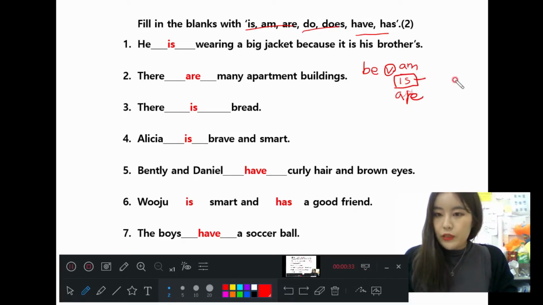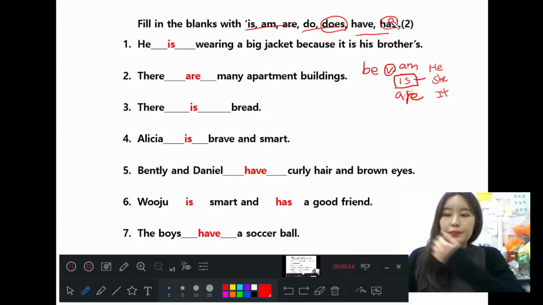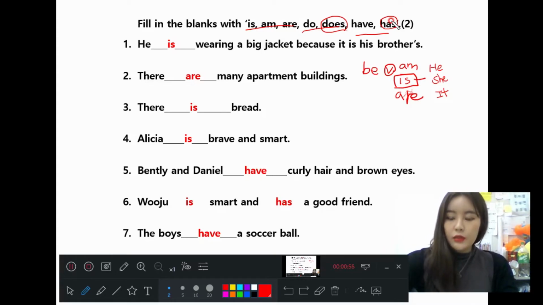When do we use is specifically? Yes, very good. He, she, it. When it's third person singular, we are using is, right? Good. Same goes for does too, and same goes for has as well. Alright, guys? Good.